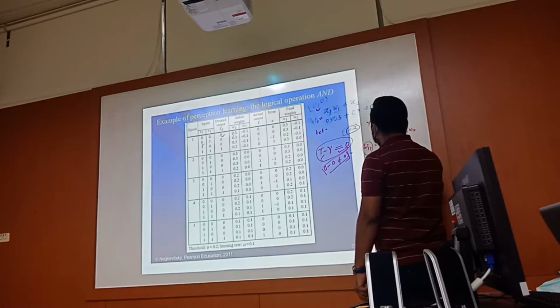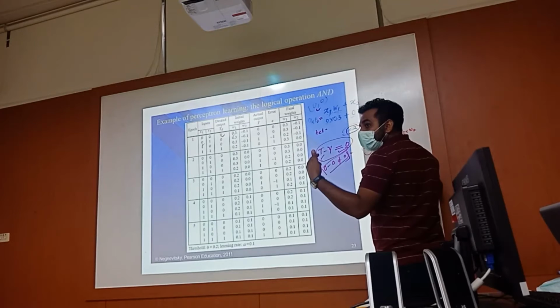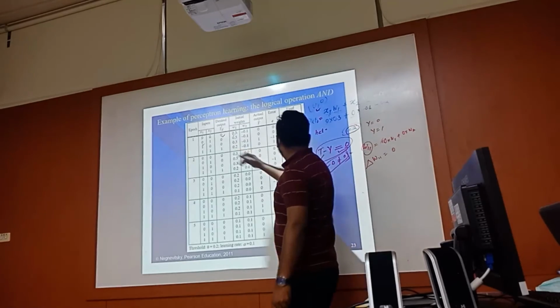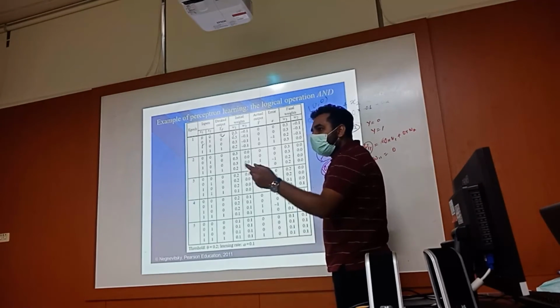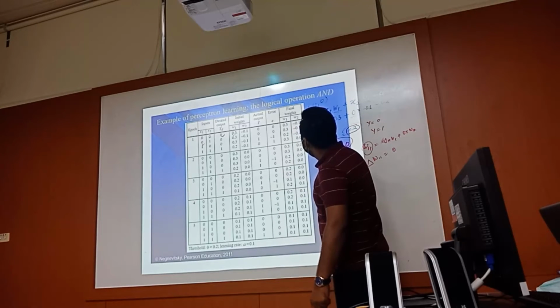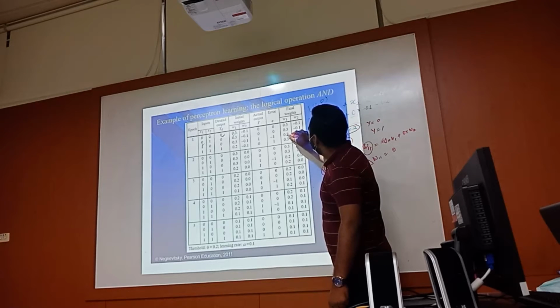So there is an equation to get the W1 and W2. Yes, yes. After that, when the equation does not fulfill this condition, then you update your weights. Okay. After that you can get these values. You can check the equation, the weights are changing.